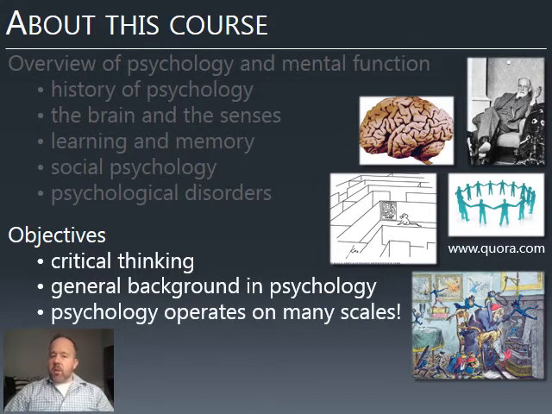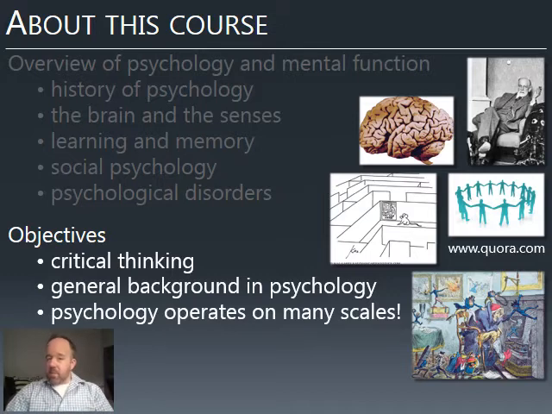And finally, I want to give you an appreciation for the fact that psychology operates on a lot of different scales. What do I mean by that? Well, certainly we have the individual, and mental function is an important part of the individual. It's what helps us get around in the world. It's what motivates us, helps us derive satisfaction from certain actions, certain endeavors, lets us relate to other people, for example.